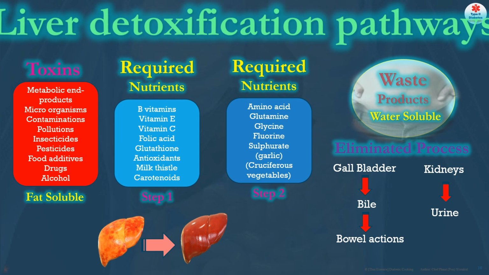So this one we're going to talk about the liver detoxification pathway. What happens is you have a lot of toxin, metabolic end product, whatever it is, the microorganism, contamination, pollution, insecticide, pesticide, food additive, drug, alcohol, whatever you put in your mouth, that is fat soluble and goes into your system.